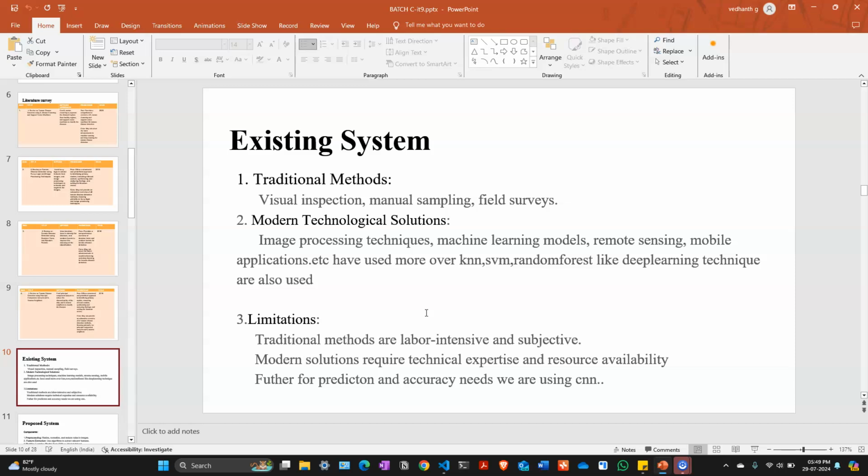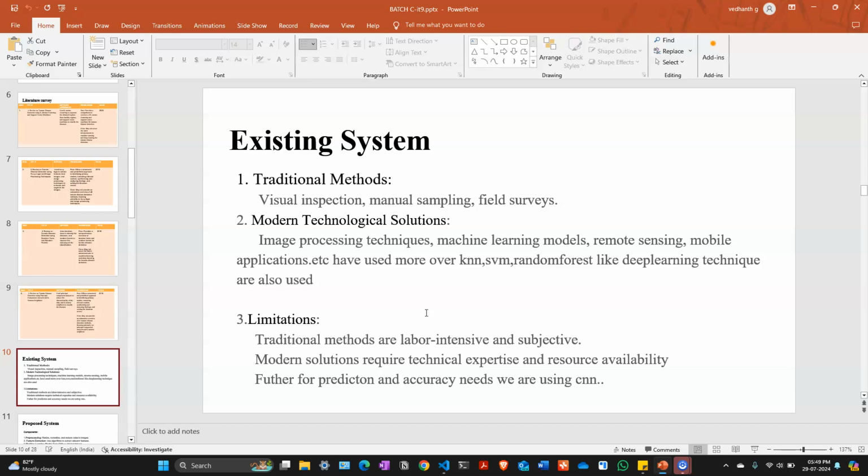Now moving on to the existing system. Existing systems were very naive. They were basically visual inspection, manual sampling, and field service. Manual human labor was involved in recognizing the diseases of the tomato plants.